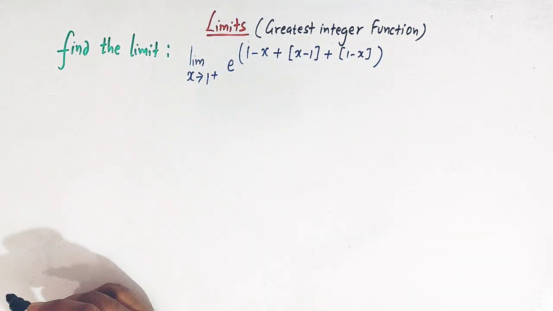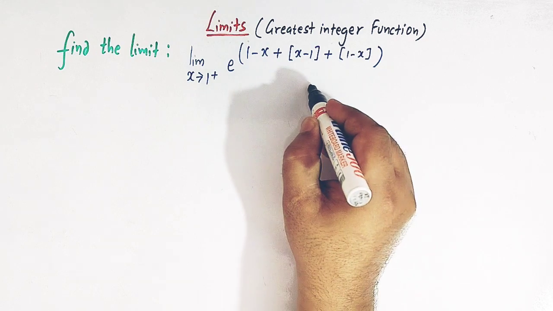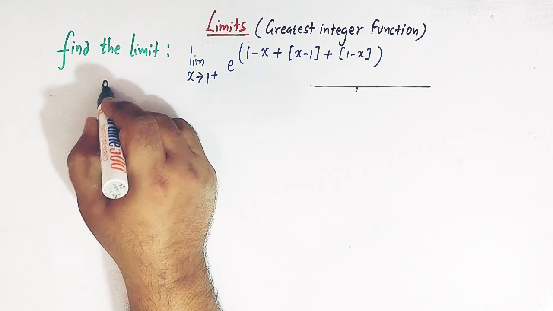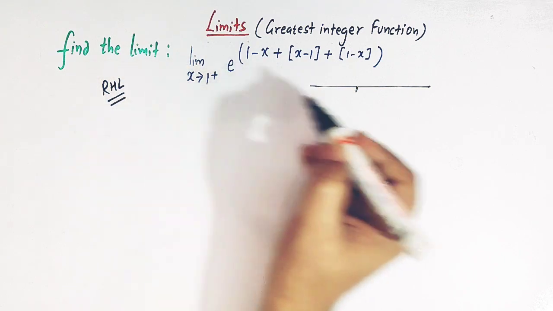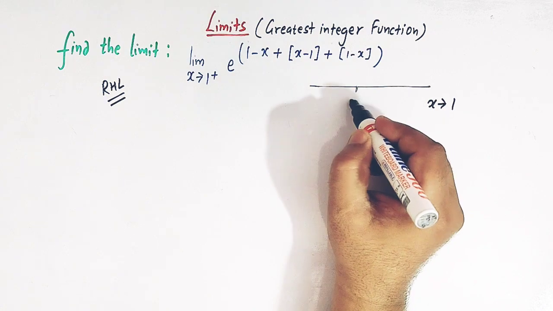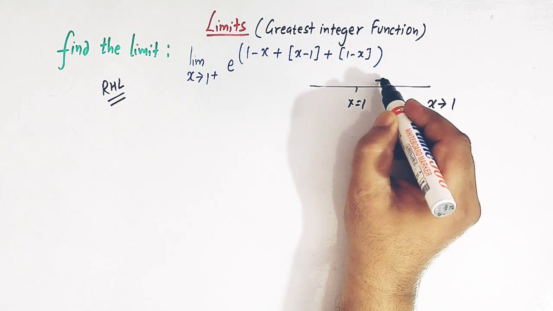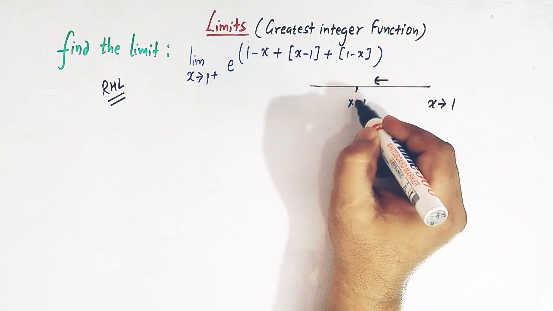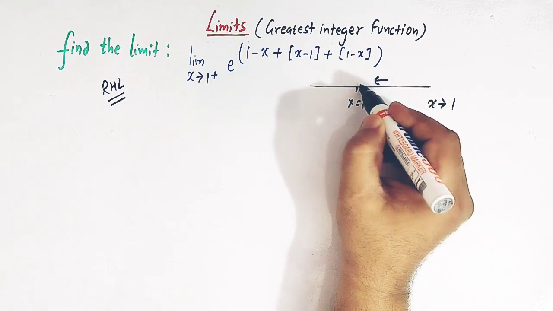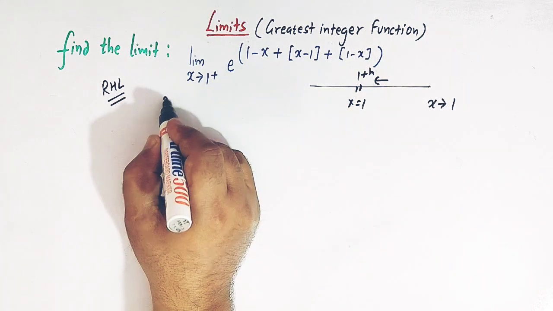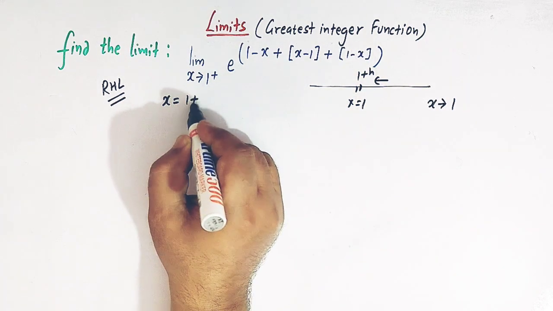So let us start. Now see, here we have to find the right hand limit of this function when x approaches 1 from the right of x is equal to 1. So we'll take a point in the right neighborhood of x is equal to 1, that is 1 plus h. So we'll take x is equal to 1 plus h.